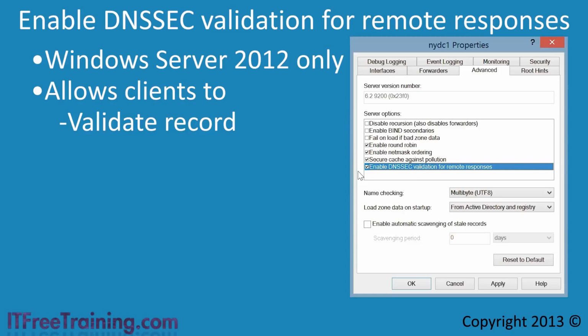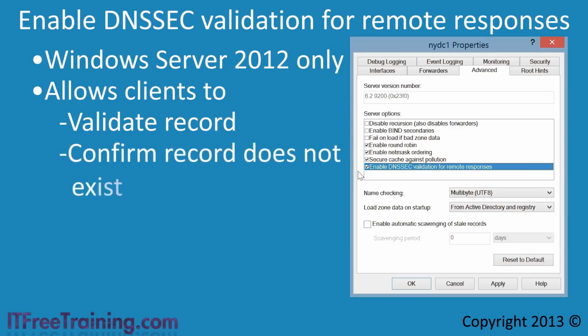DNSSEC can also be used by the client to confirm that a DNS record does not exist. This prevents an attacker telling the client a DNS record does not exist when it does, and thus causing a denial of service attack. If you enable this option, it allows the DNS server to use DNSSEC options.